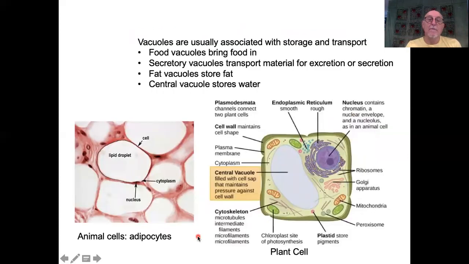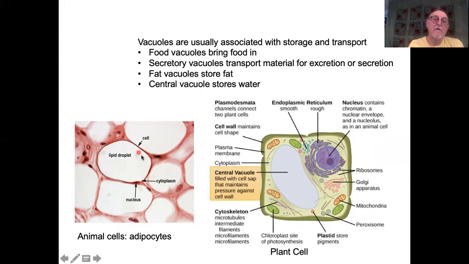So, for example, here in animal cells, each of these is an individual cell. And these I mentioned in another class. These are the adipocytes. These are the sites of storage of lipid and fat. So these are our fat cells. And here you can see this whole area is a vacuole.